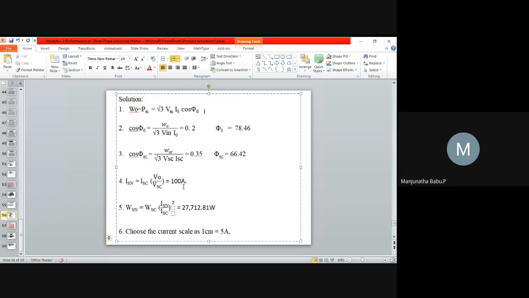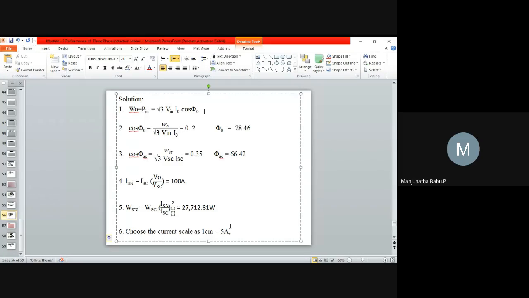Similarly, the short circuit power at normal voltage we are getting is 27.712 kilowatts. So from this data, ISN, that is short circuit current at normal voltage, is 100 amps. Based on that current, choose the current scale.